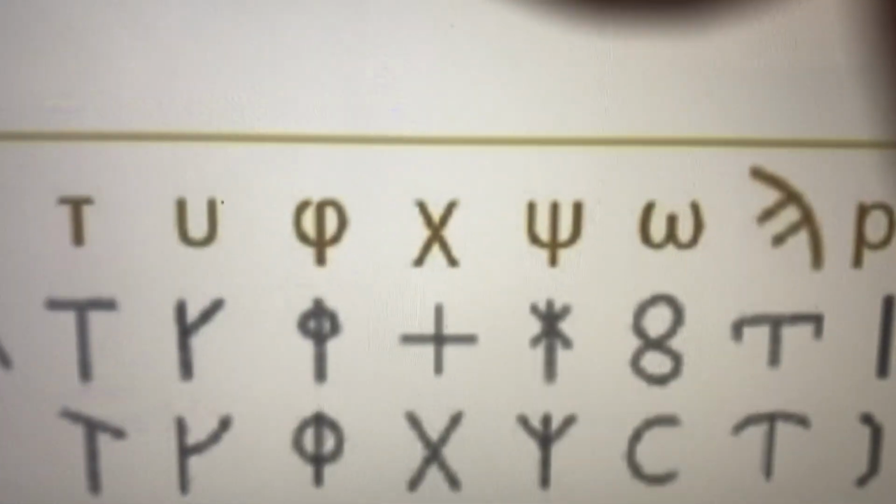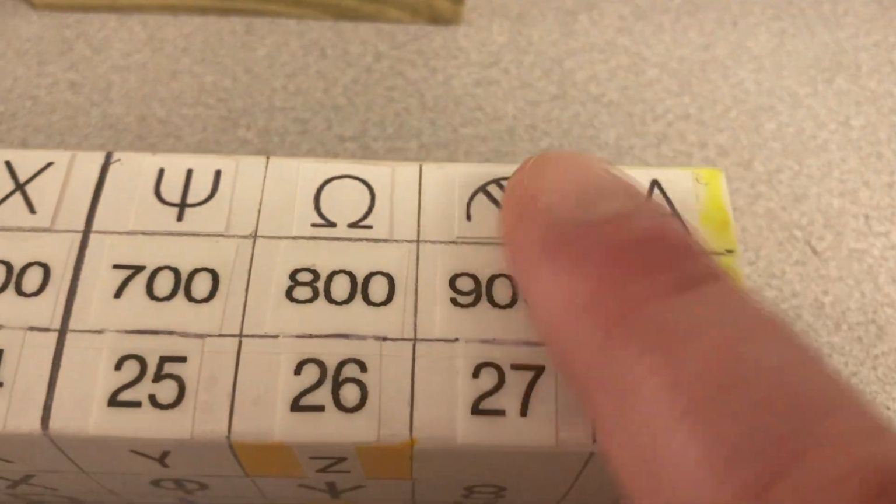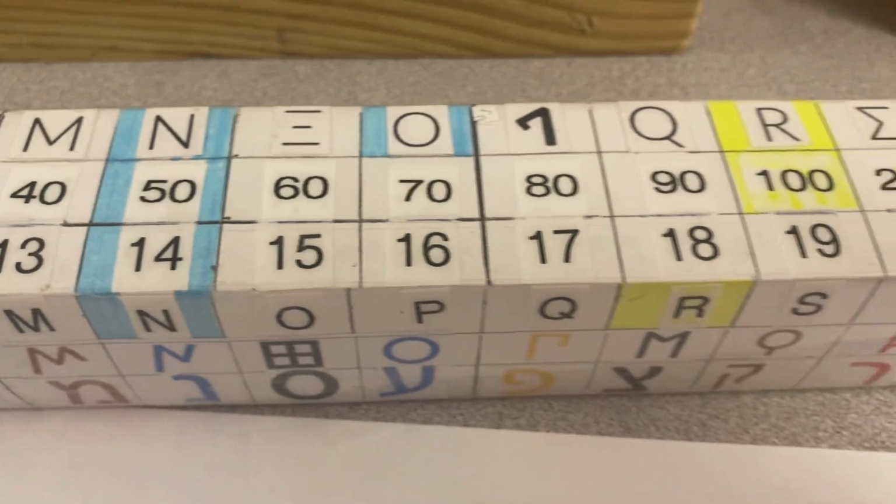And then Sampi is the 27th letter. These are the 2 poles in alignment. Sampi is 2 poles in alignment, and they're about to be raised to the vertical. But back to our calculation, we have pi is 80.